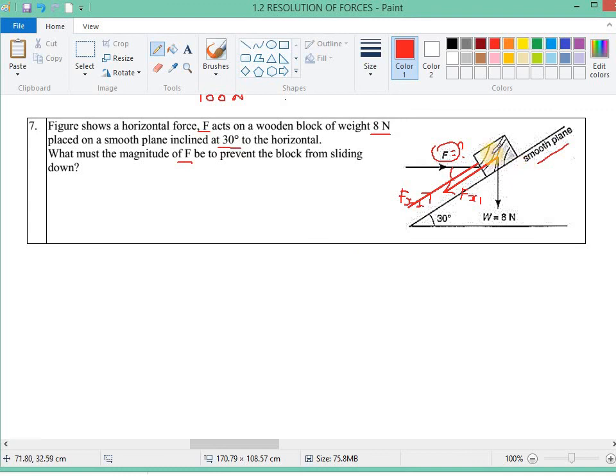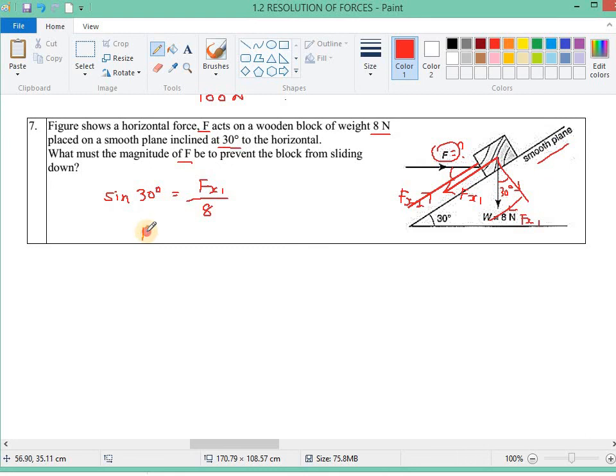Okay, alright, so first we build the equation to find Fx1. This Fx1 is the opposite here. If you construct the parallelogram, this Fx1 is opposite to the angle here. So this angle is 30 degrees. If this is 30 degrees, then here will be 30 degrees also. So Fx1 will be opposite the angle, so we can calculate by using sine. Sine 30 degrees equals Fx1 over the 8 Newton.